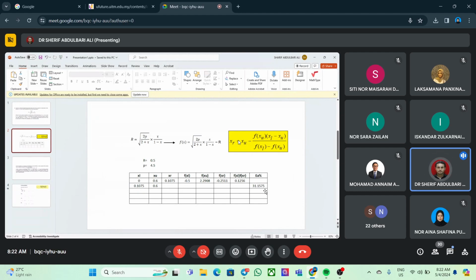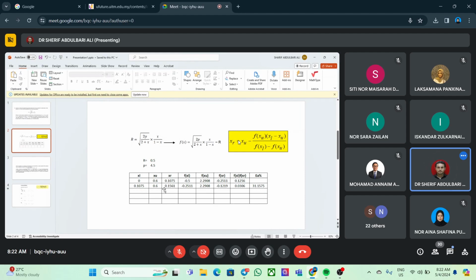Okay, so I will reveal this iteration here. I want you to now try to do the second iteration, third iteration, and fourth iterations until the error is less than 5%. How can I actually get the error? It's based on the value of XR.